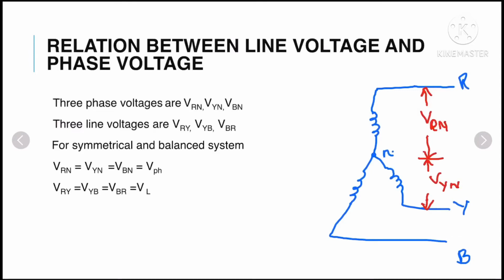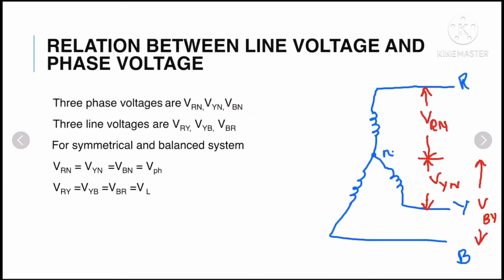Then again the voltage between the blue phase and neutral will be VBN. These voltages are nothing but the phase voltages. You can see here the three phase voltages are VRN, VYN and VBN.